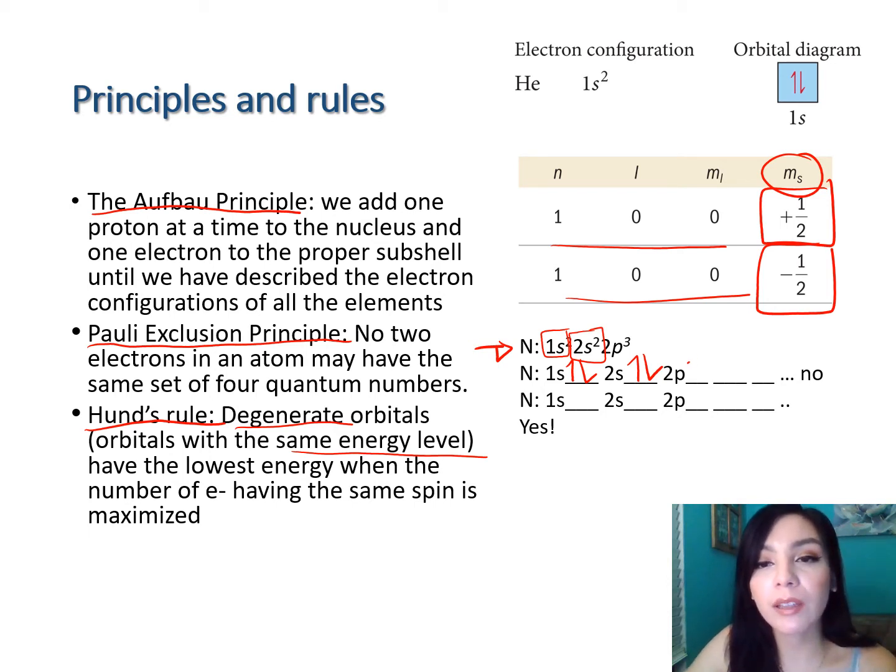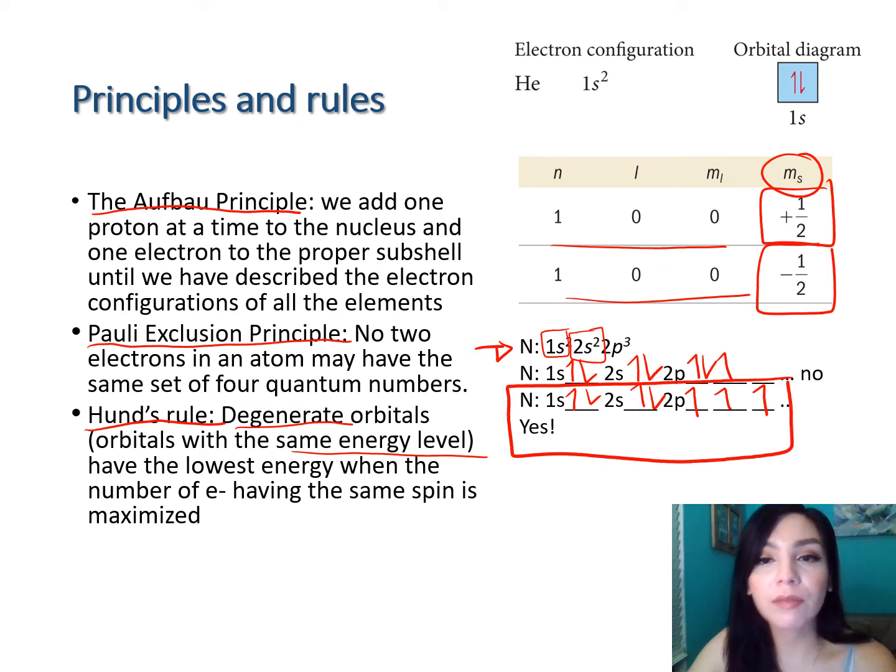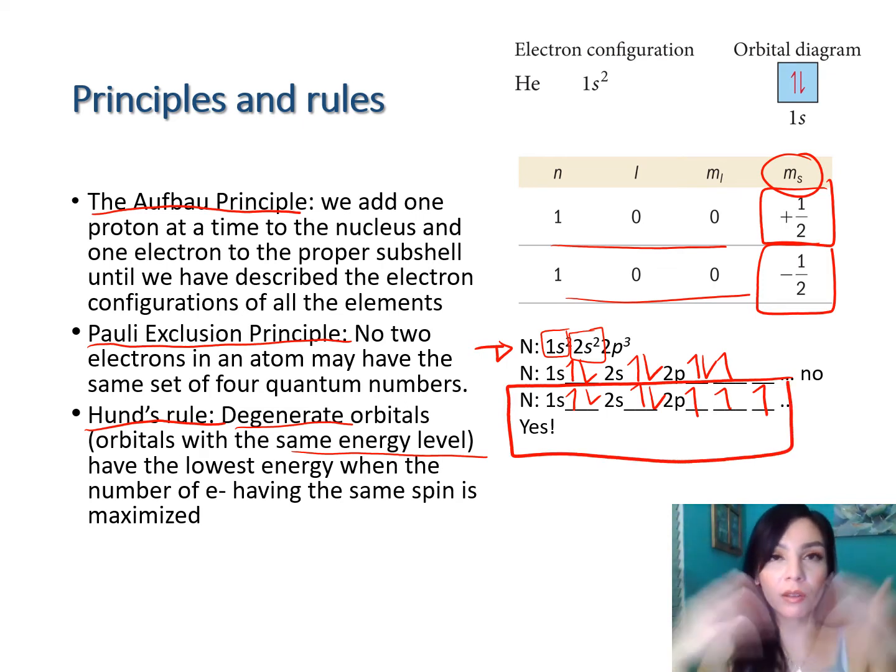Am I going to go like this, one orbital at a time, or, and I already have the answer up here, will I go like this? And the answer is you will fill to make it half filled so that they're all spinning up.